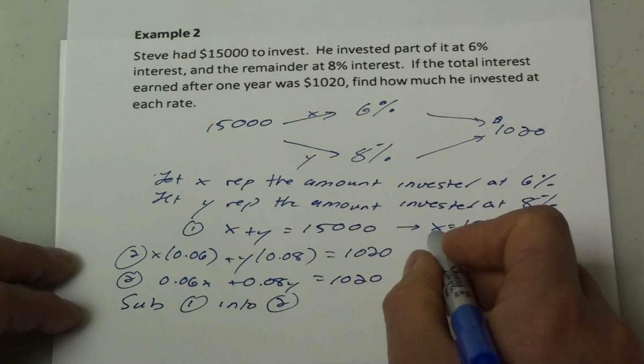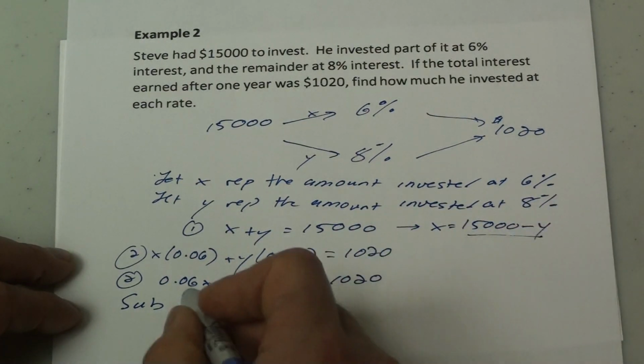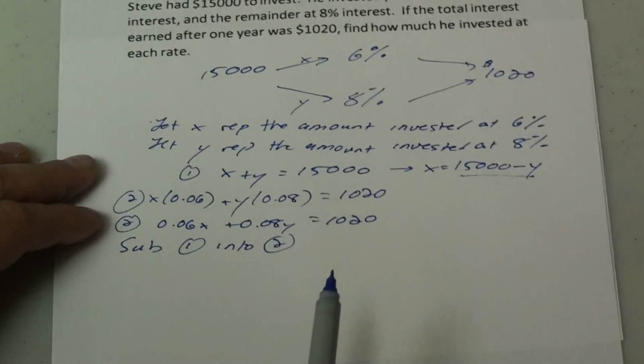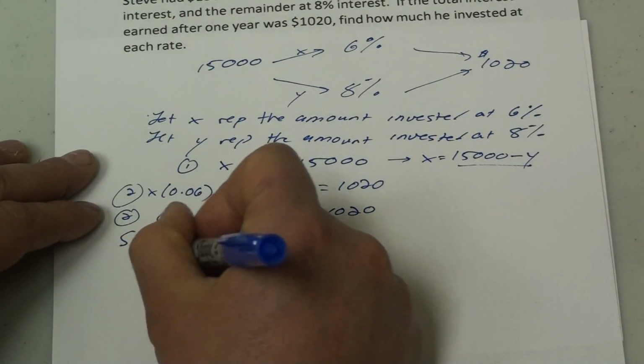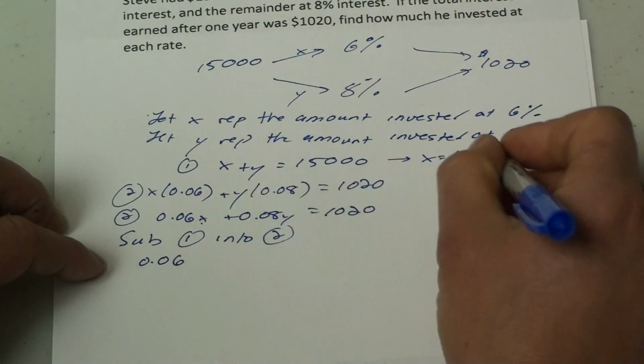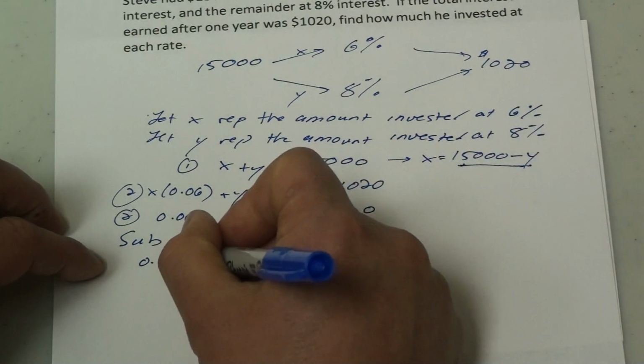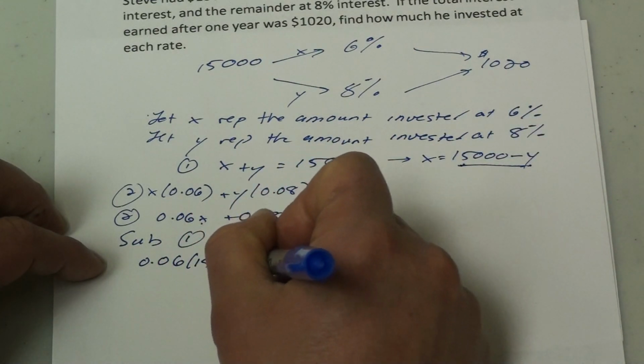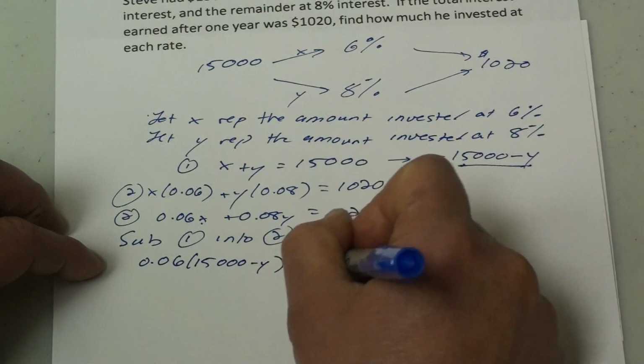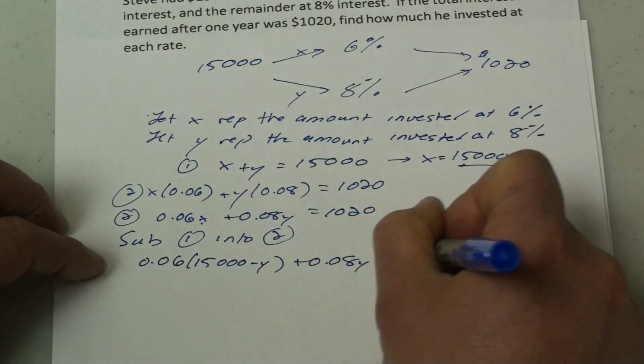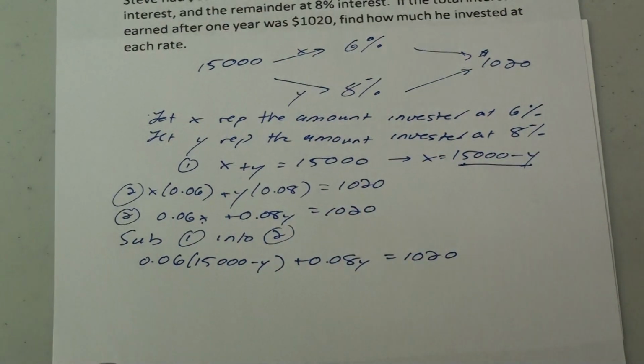The equation that has a variable by itself, I can put into the other equation. So 0.06, not x anymore, it's what x was, times 15,000 minus y, plus 0.08y equals $1,020.